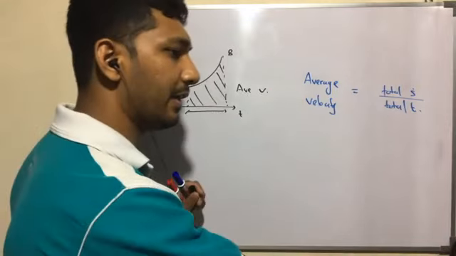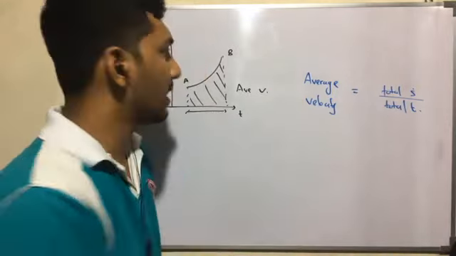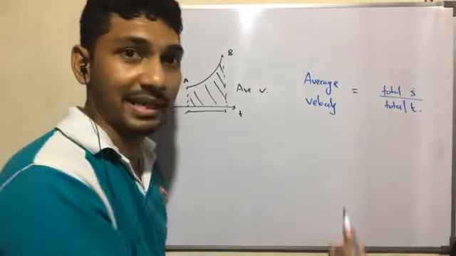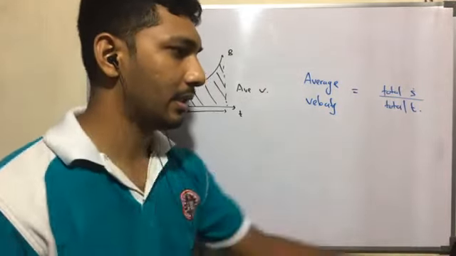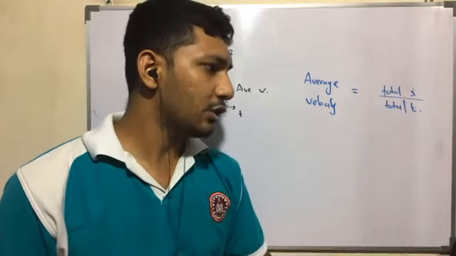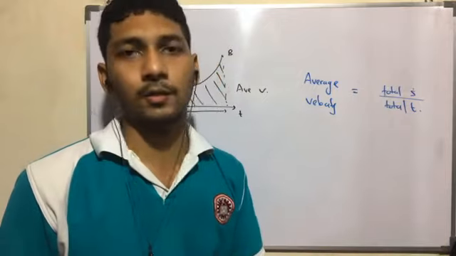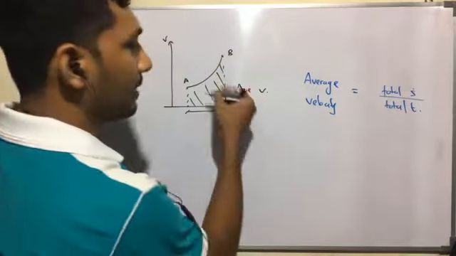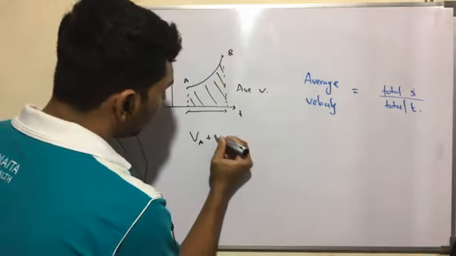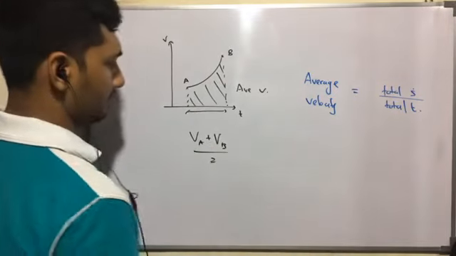And the second: the average of the two velocities at the ends A and B means, read the last part carefully, the average of the two velocities at the ends A and B of the interval. So that average is VA plus VB divided by 2.